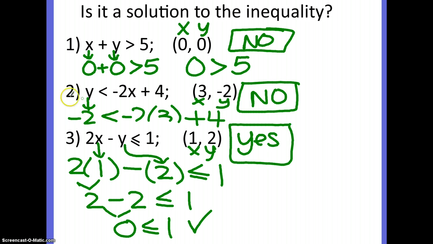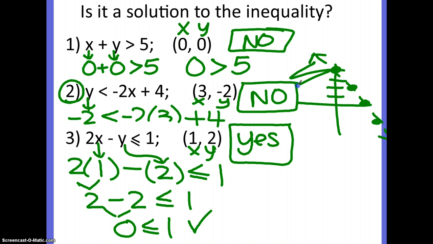Another way you could do this, just like number 2, if you were to go ahead and graph that, notice that you would start up at 4, then you go down 2 over 1, down 2 over 1, and you'd get a graph. Here you'd draw a dashed line, and you would shade below.